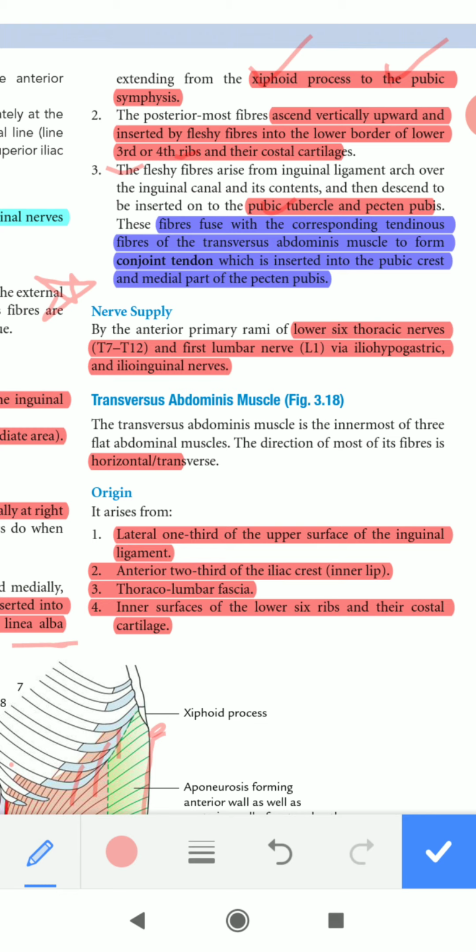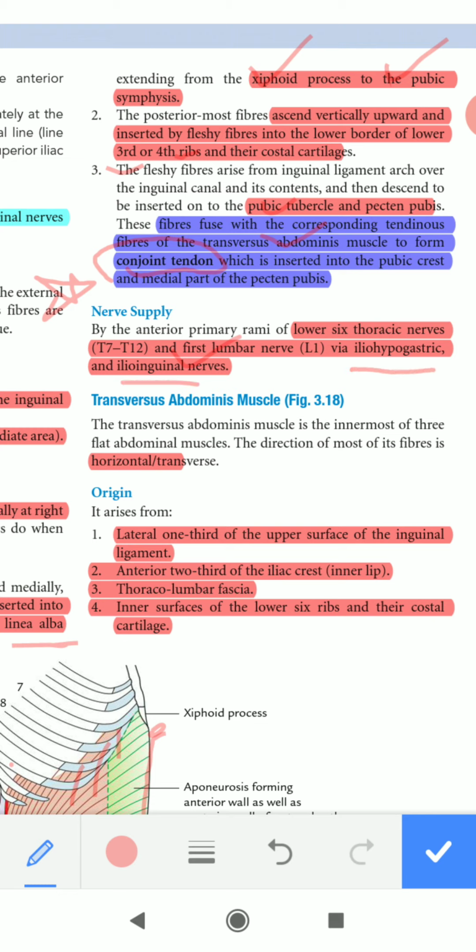Conjoint means joining of two tendons. So the fibers of the internal oblique and fibers of the transverse abdominis muscle together form a tendon that is known as conjoint tendon. Nerve supply is similar, lower 6 thoracic spinal nerves as well as the first lumbar nerve via the iliohypogastric and ilioinguinal nerves.